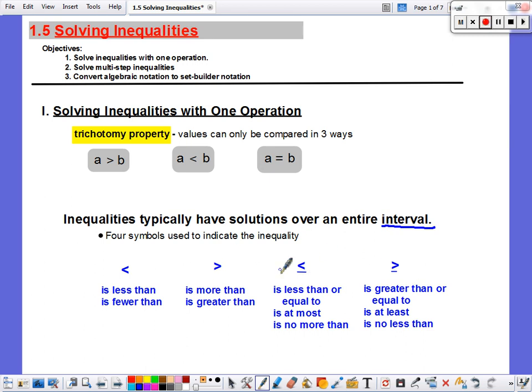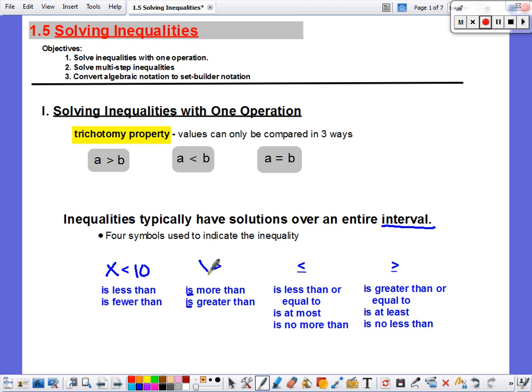These are the four symbols we would use to represent the algebraic notation, and these are ones you're familiar with. The first one is less than, or is fewer than. So if x is less than 10, we would write x less than 10. Then is more than, or is greater than. The word is, again, tells us that we're comparing things like an equation or an inequality of some sort. We talked about that back in 1.3.